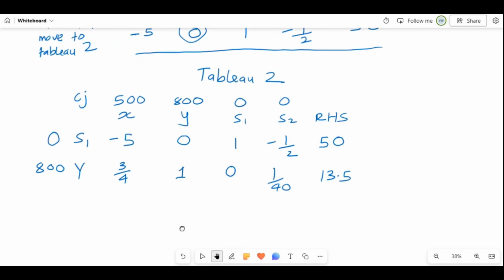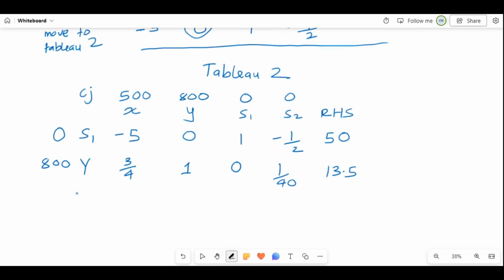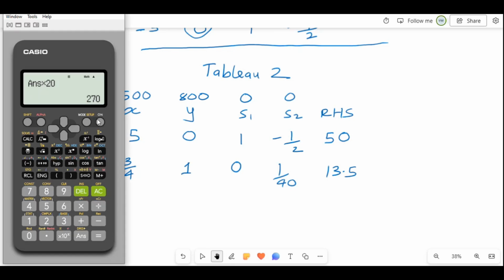So once you've done that, now we again develop the row known as the ZJ row. So when we develop the ZJ row, then our ZJ row now will be 0 times -5 plus 800 times 3/4.